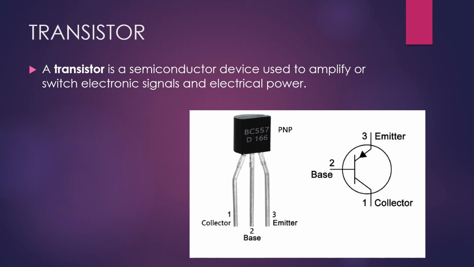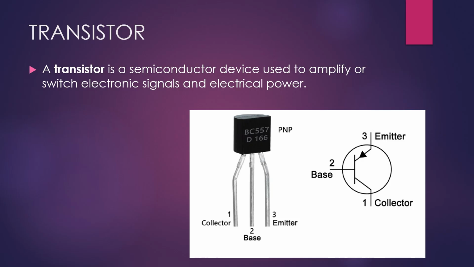So a transistor is a semiconductor device that is used to amplify or switch electronic signals and electrical power, as I said, for amplification. Say maybe you have a waveform, or let's say this, we know sound travels through waves.